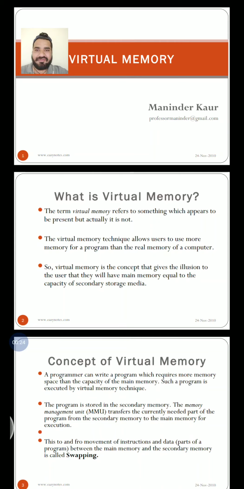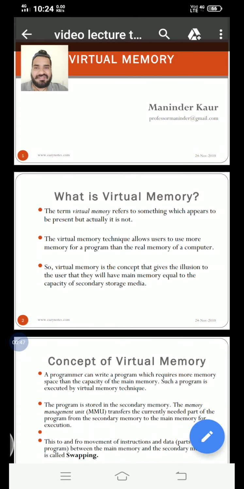memory of the computer. For example, I want to run a program whose size is, suppose, 6 GB, but the size of the main memory of my device or my PC is 1 GB. So it is not possible to run that program directly, but we can run it by dividing it into a number of pages.